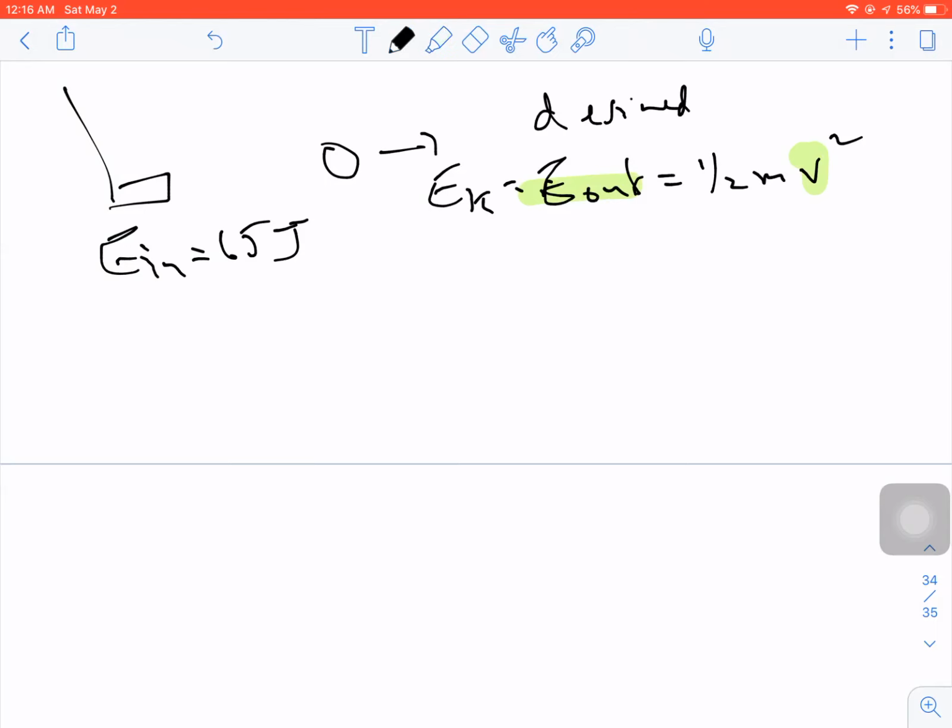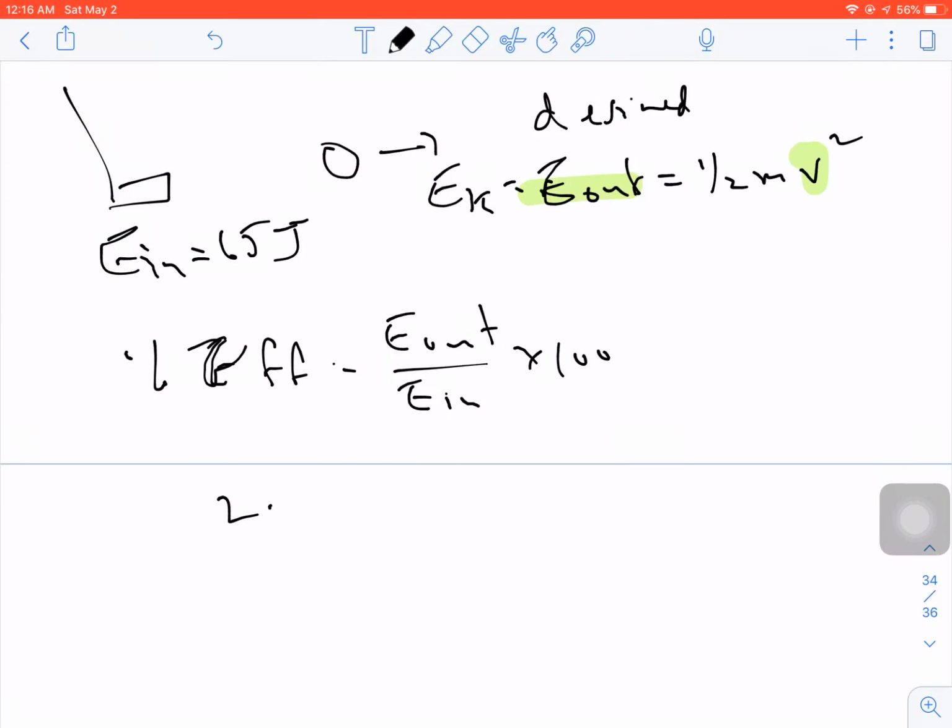So if I know that my percent efficiency is equal to my desired energy out divided by my energy in times 100%, and I know that my efficiency here is 20%, my energy out is unknown, my energy in was 65 joules.